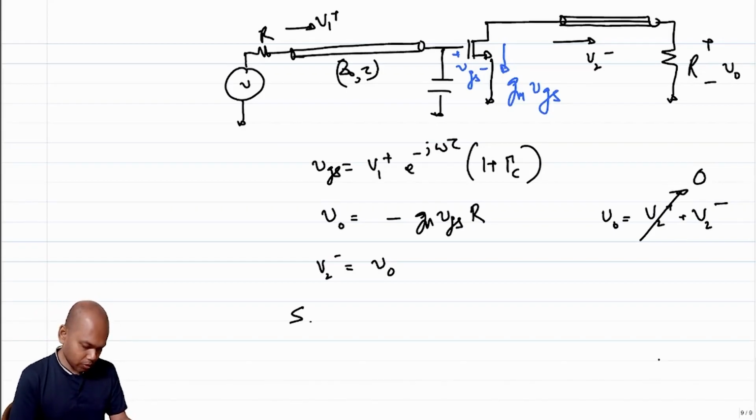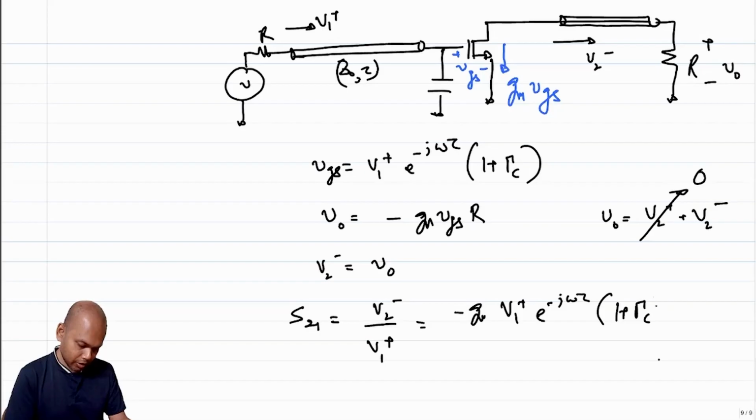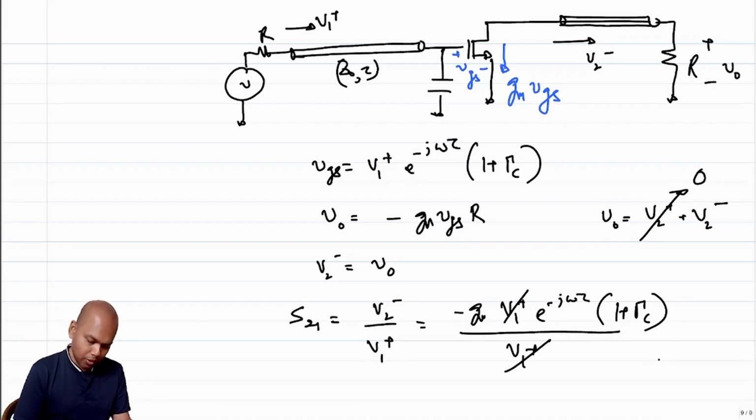So your S21, which is V2 minus over V1 plus, becomes minus GM VGS, which is V1 plus e to the power minus j omega tau times (1 plus gamma c), divided by V1 plus, and V1 plus cancels. So your S21 becomes minus GM times e to the power minus j omega tau times (1 plus gamma c).